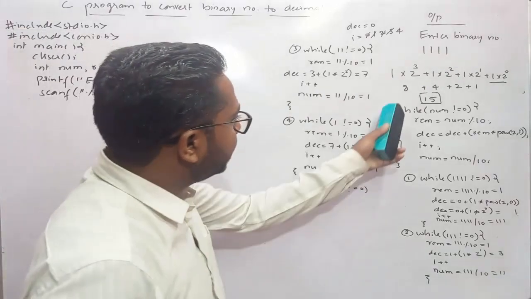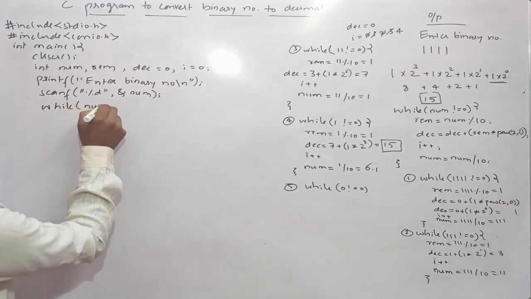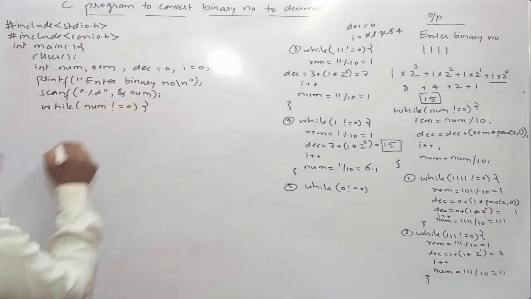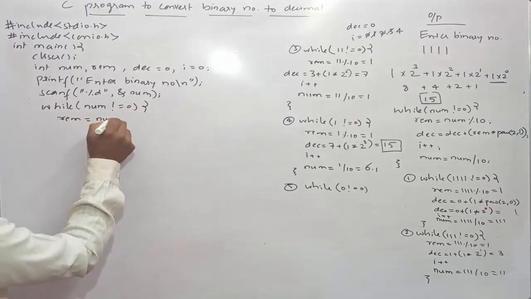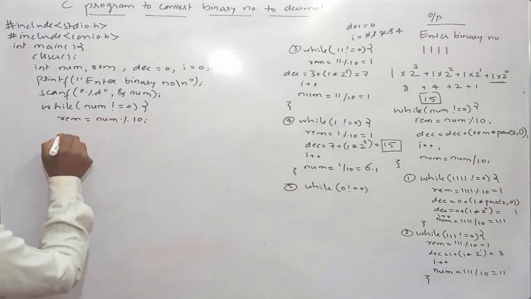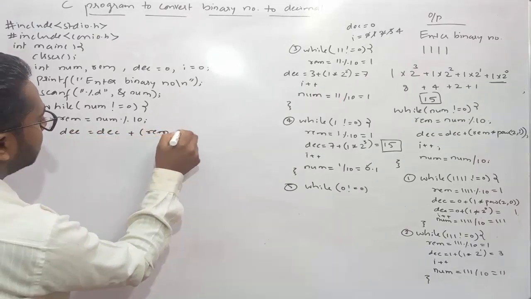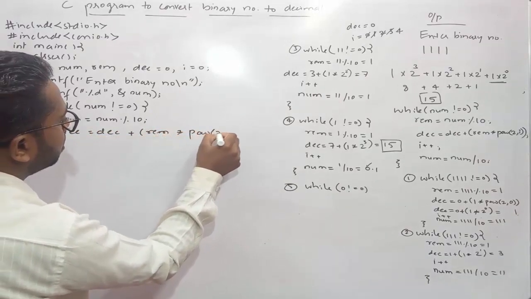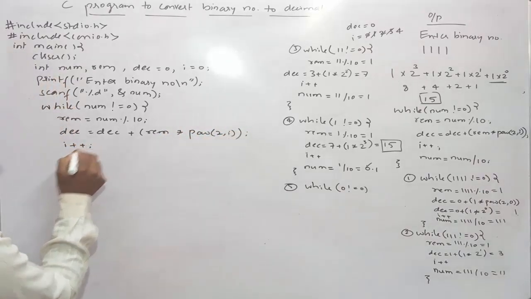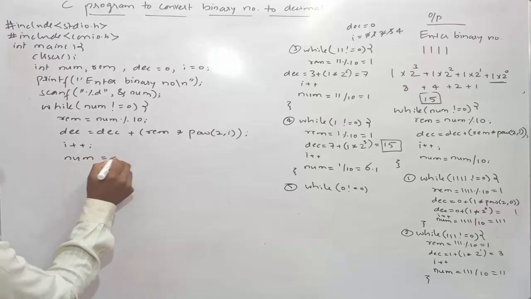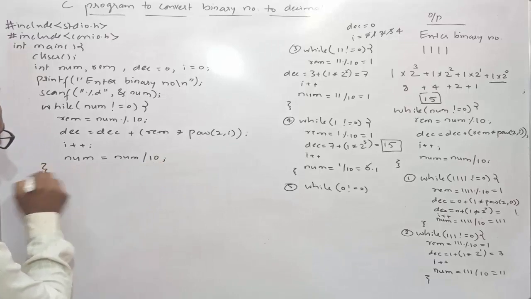Now I need to write this code. While num is not equal to 0, remainder equals num mod 10, then decimal equals decimal plus remainder into power of 2 comma I. Next, increment I and change the value of num by dividing by 10, close the bracket.